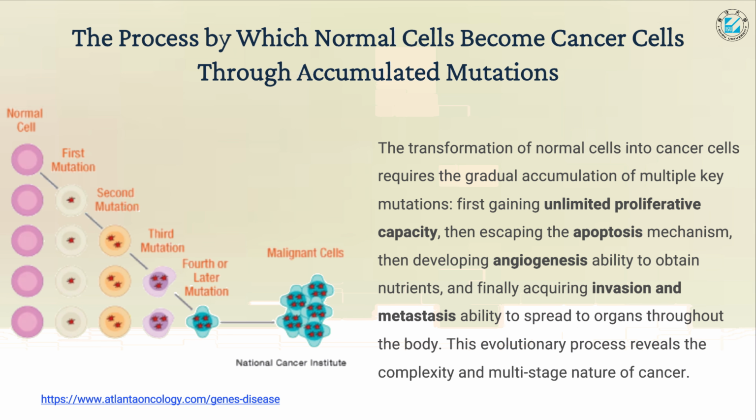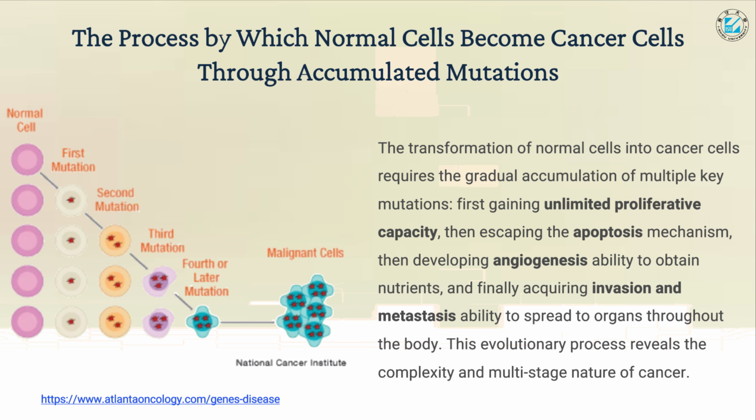Fourth, cancer acquires the ability to invade surrounding tissue. Finally, cells metastasize to distant organs through blood vessels and the lymphatic vessels. This process is not sudden. It is a gradual evolutionary process. Mutations accumulate and cells with a growth advantage are selected over time.